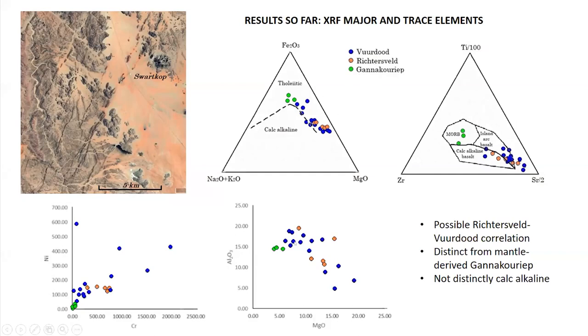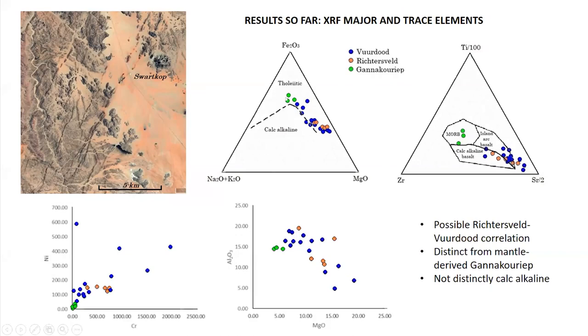So from these diagrams, there are basically three things that we can say. First of all, the Fieldwood subsuite and the Richtersveld body seem to correlate. They are indistinguishable from each other on all the diagrams. Secondly, the Fieldwood is very distinct from the dikes.